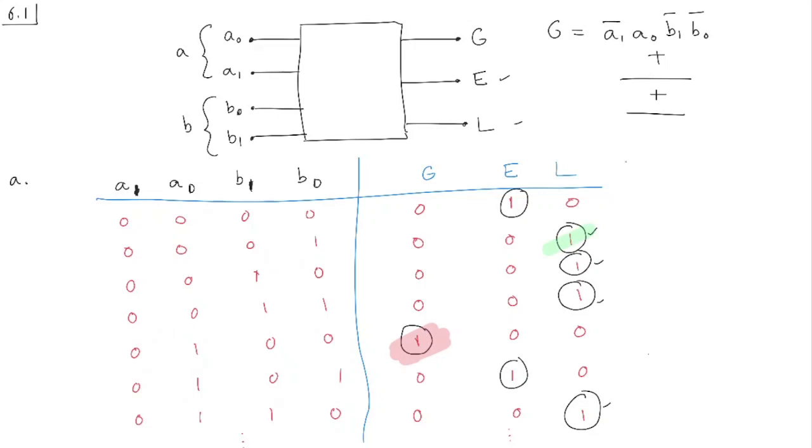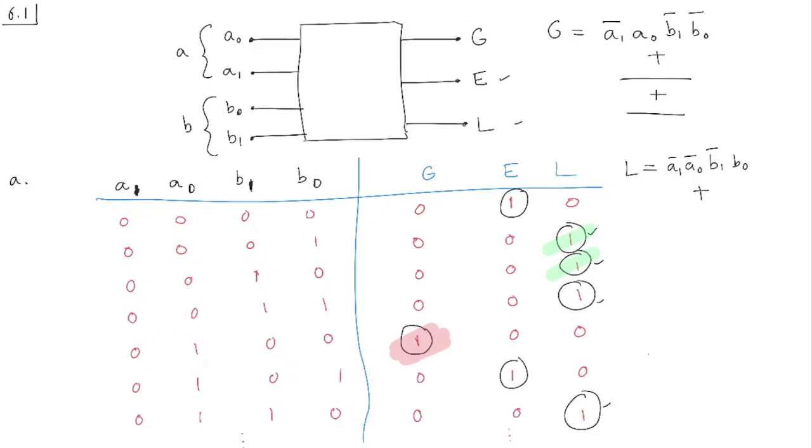L will be equal to the minterm for the first one, which is going to be A1 bar, A0 bar, B1 bar, B0, plus the minterm for this second one here, and that's going to be A1 bar, A0 bar, B1, B0 bar. So if there's a 0, we put the bar, the not of A1, and if there's a 1, we just put the term as such.